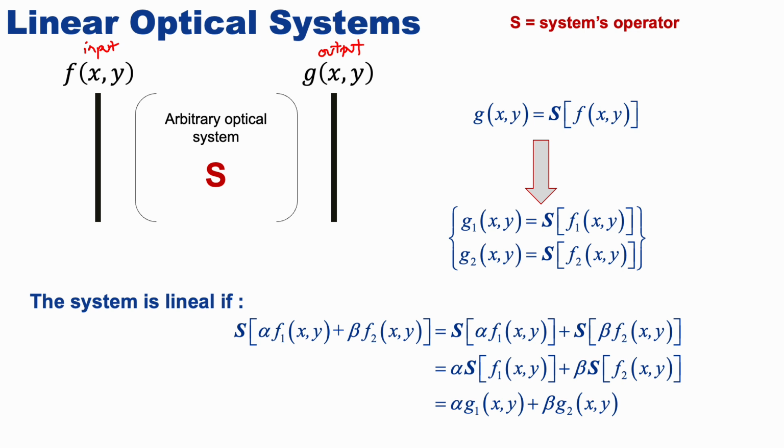So the operator of the system acting on your input provides your output, and the system is linear if a linear combination of two different inputs gives the same combination of the respective outputs. And that means that the system operator does not change with the input.